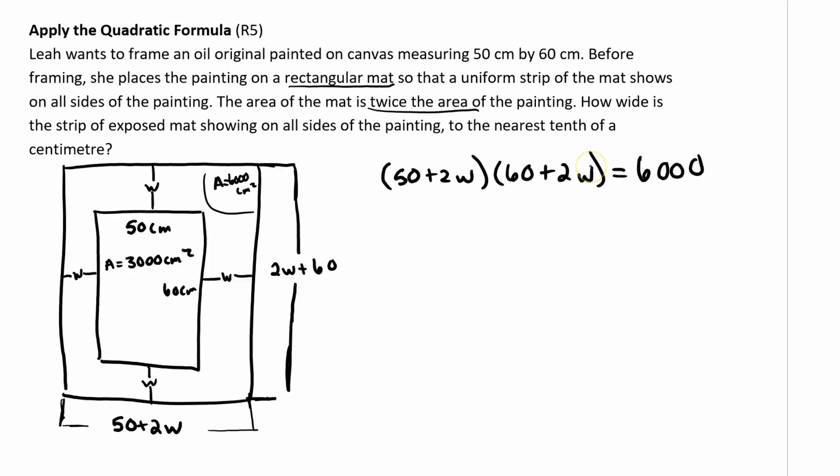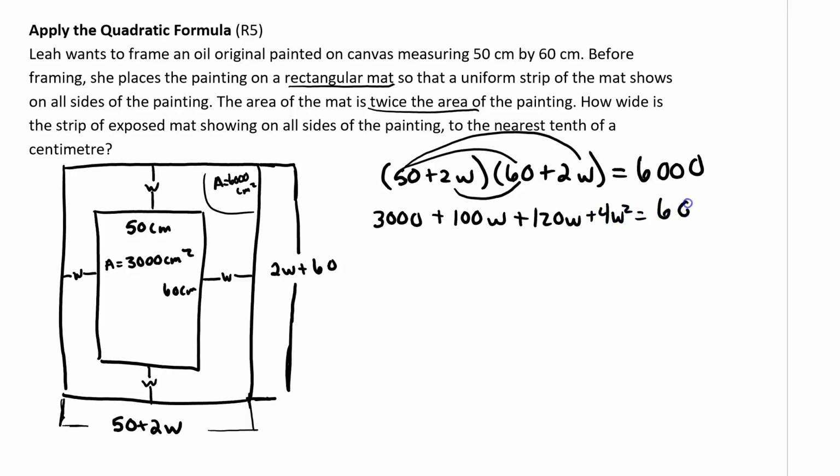But before I can use the quadratic formula, I need to expand it. So 50 times 60 is 3,000. 50 times 2W is 100W. 60 times 2W is 120W. 2W times 2W is 4W squared, equals 6,000.